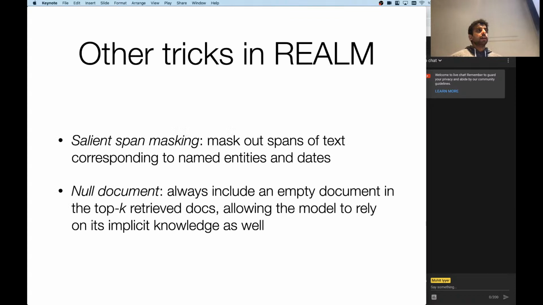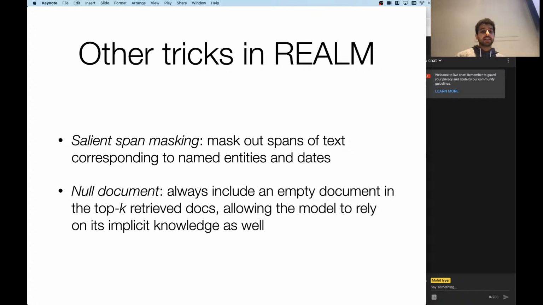All right. So there are a couple other tricks in Realm that I didn't mention, not including the ones that I've already talked about. One that I think makes a lot of sense is what they call salient span masking.